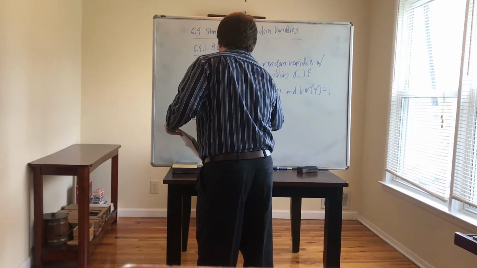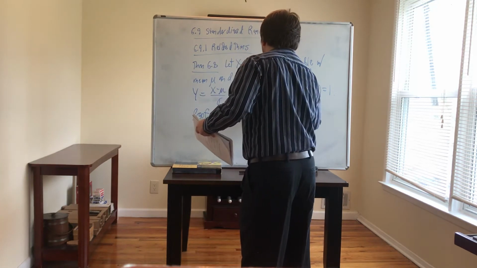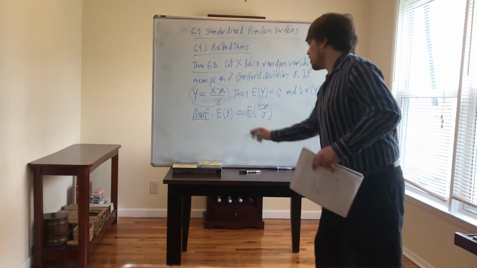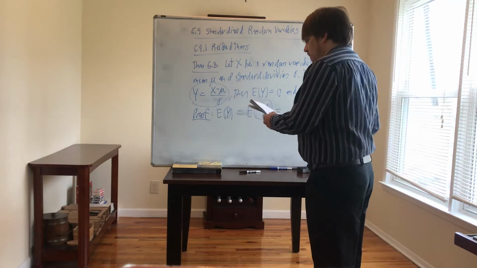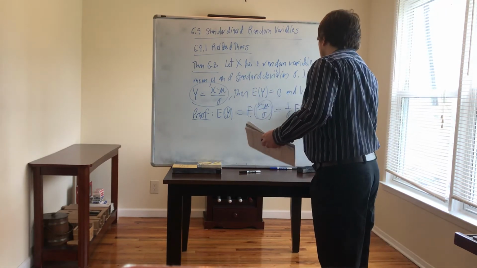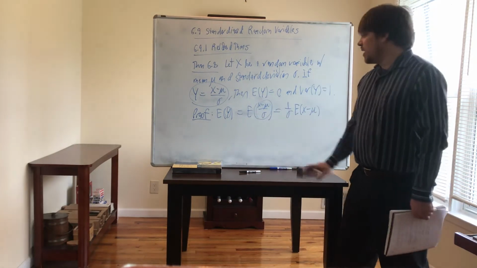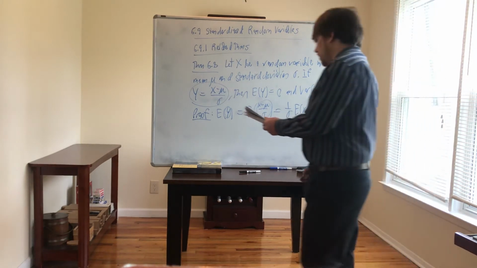well, E of Y, which we want to show is 0, is equal to E of X minus mu over sigma, because we defined Y to equal X minus mu over sigma. We can just substitute. That's equal to 1 over sigma times E of X minus mu. Sigma is a constant, so 1 over sigma is a constant, and you can just move the constant out of the expected value.